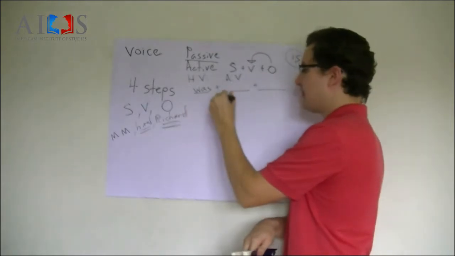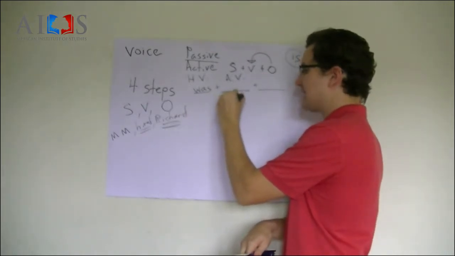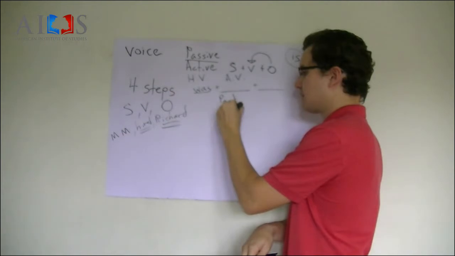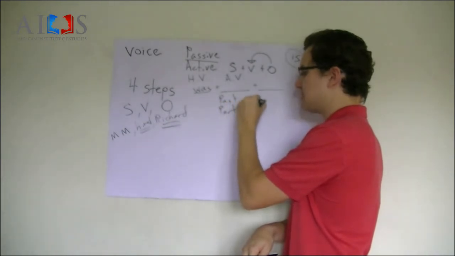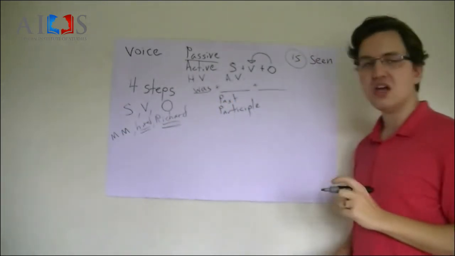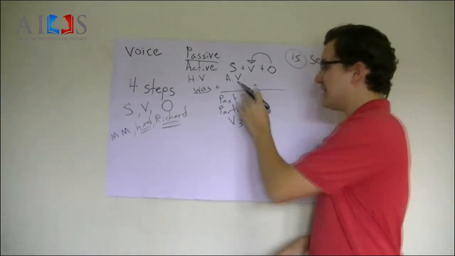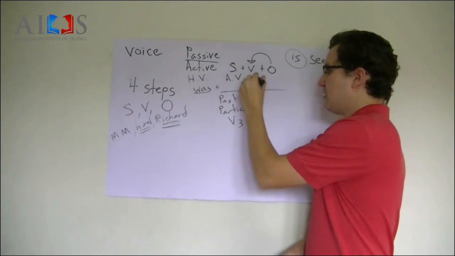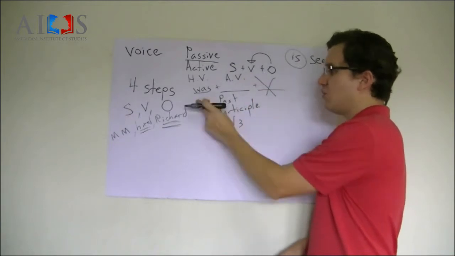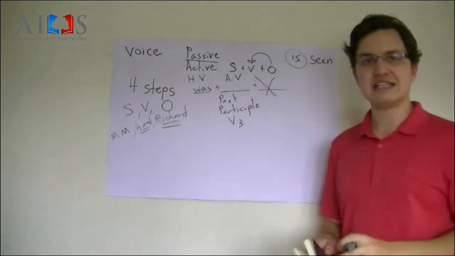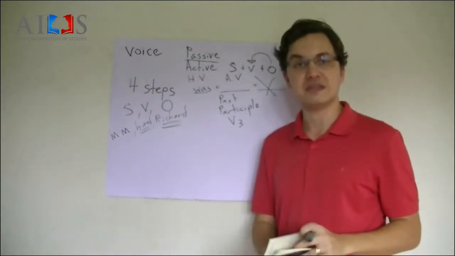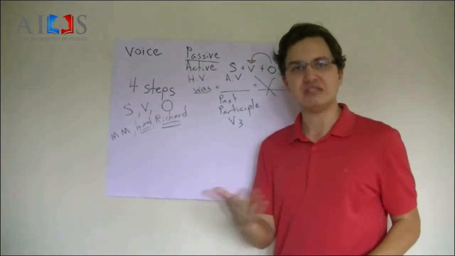Now we need the past participle. You remember about participles, a kind of verbal, also called verb 3. We're not going to use this extra one. We only have 2 to this one because it's past simple. It's more simple than using continuous.